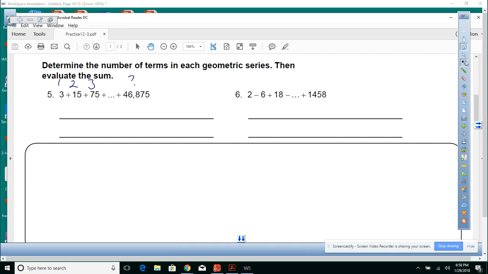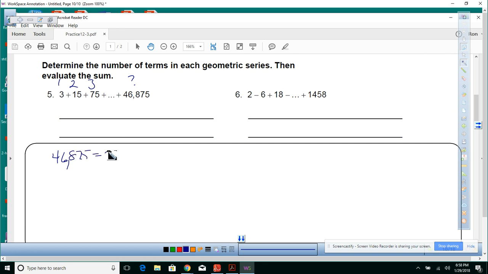And so we have 46,875 equals, and then A would be 3. Well, what is R? Well, let's see. R equals 15 over 3, which is 5. And then we have n minus 1.